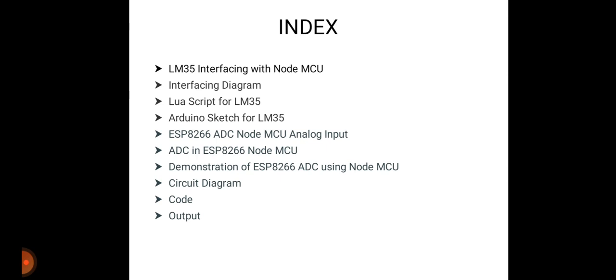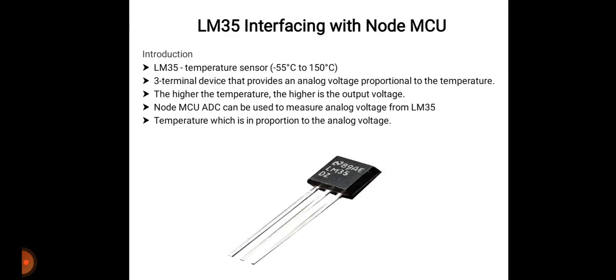Then Arduino sketch for LM35, then ESP8266 ADC, that is analog to digital converter, Node MCU analog input, and ADC in ESP8266 Node MCU. Then a demonstration of the ADC using Node MCU, the circuit diagram of that, we write a code for this, and see what the output is. So all these points we will cover in this lecture. So let's get started one by one.